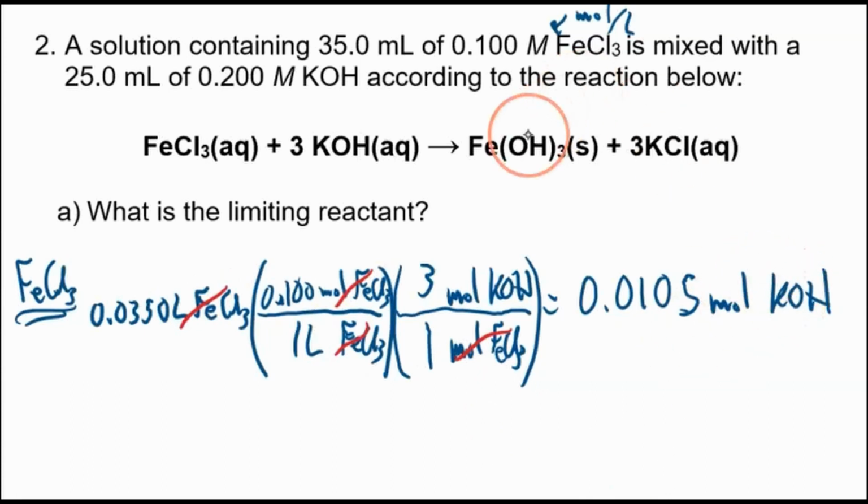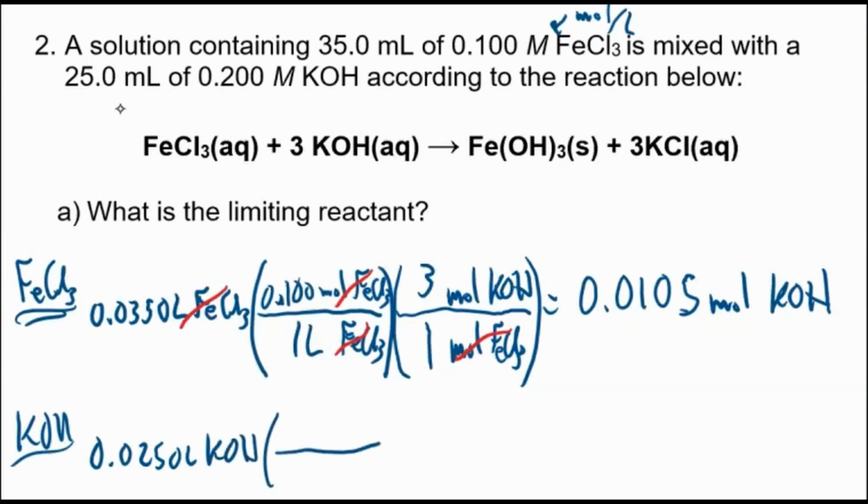How many moles of KOH do we actually have? Well, there are 25 mils, so 0.0250 liters of KOH, and we'll convert to moles using the molarity here. There's 0.200 moles of KOH for every 1 liter of KOH.